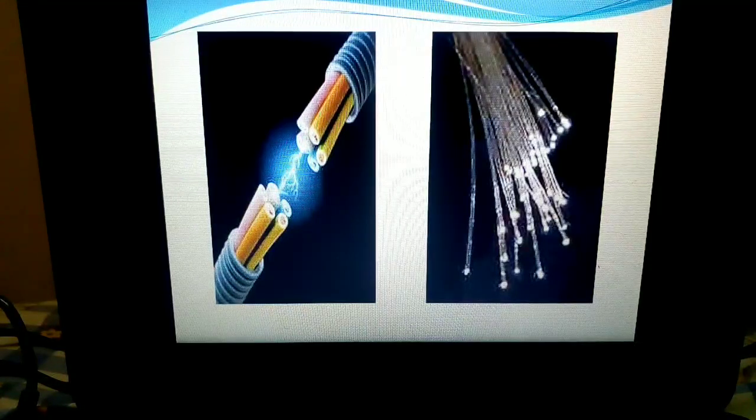If we are using LEDs as the source of light, the data speed you can experience is about 20 to 150 megabits per second, whereas if we are using laser diodes, you can experience more than 150 megabits per second, but the maximum data transfer rate, the bandwidth, would be about 100 gigabits per second.